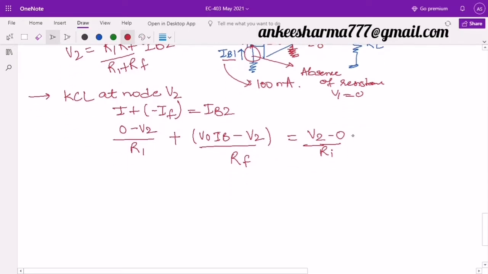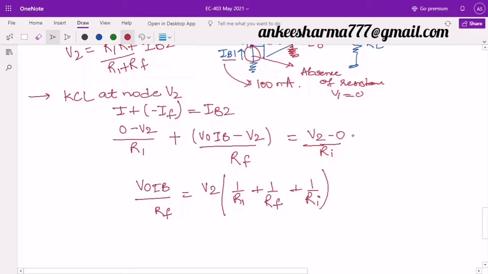Now let's try to solve it. By solving these terms, I can say that VOIB divided by RF is equal to V2, taken out from all the rest of the terms, into 1 by R1 plus 1 by RF plus 1 by RI.